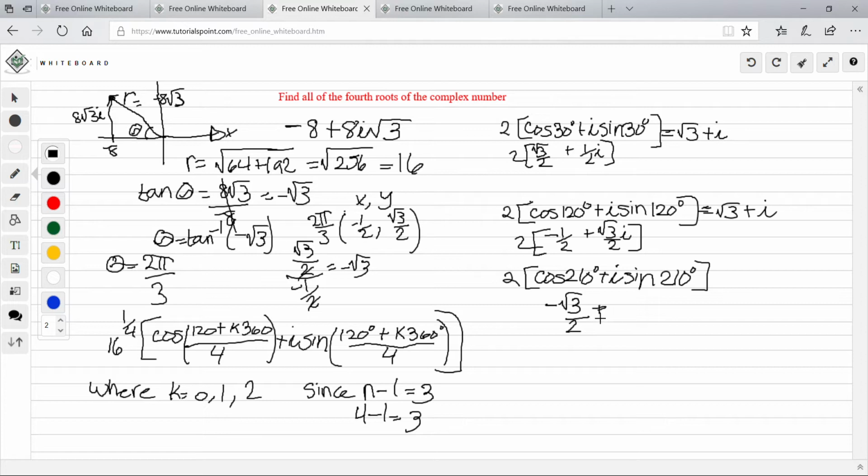Don't forget the i. Times it by 2, and that gives you negative root 3 minus i.